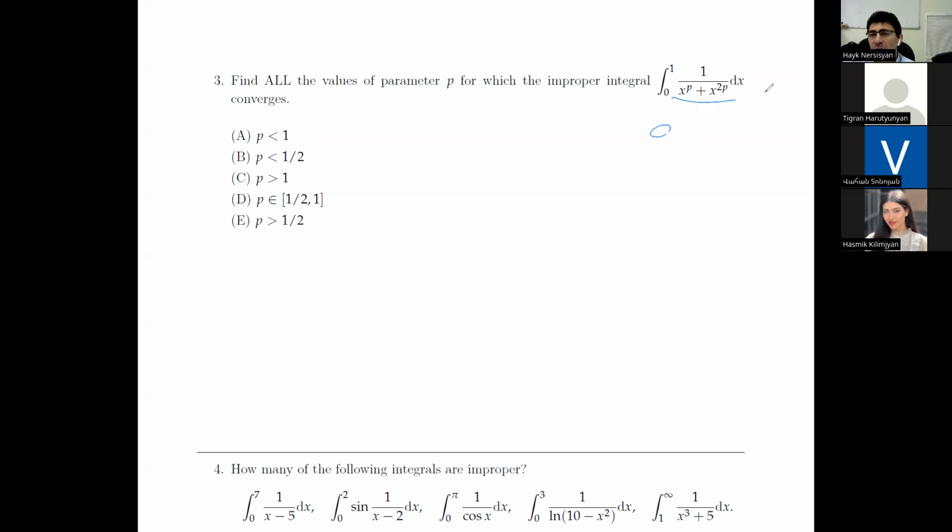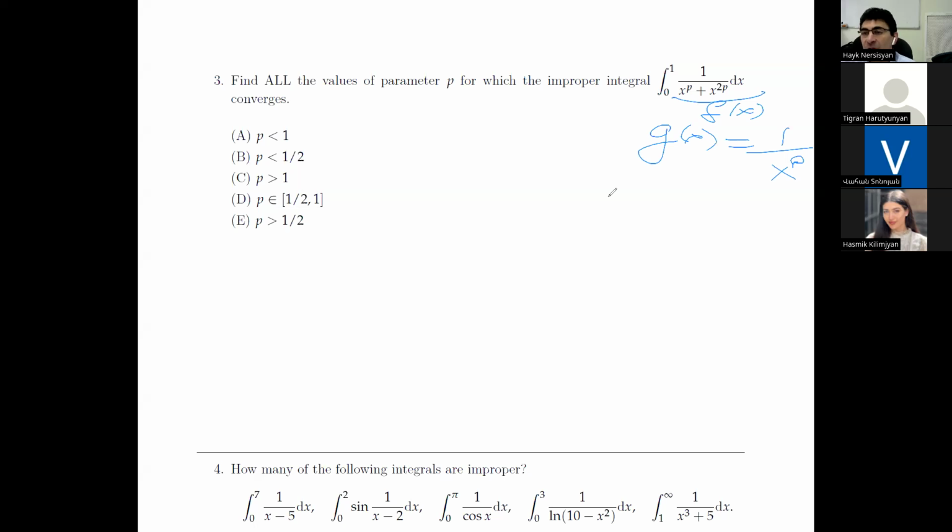So let's introduce f(x). This is f of x. And now let's consider g(x) as 1 over, help me, x^p or x^2p? 2p. x^p. Look, when we are considering limit at infinity, you are right.